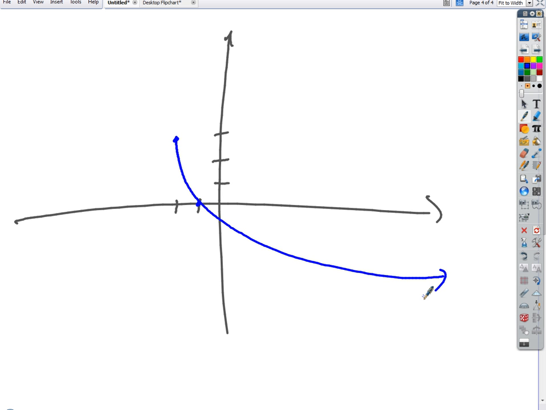Everybody need it? All good? Okay. So everybody try this. If you get this now, this will be a piece of cake for today.